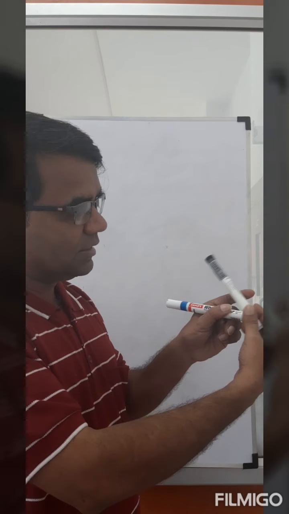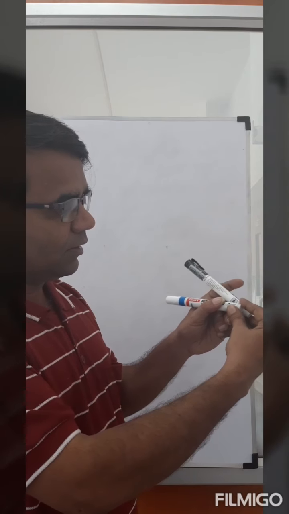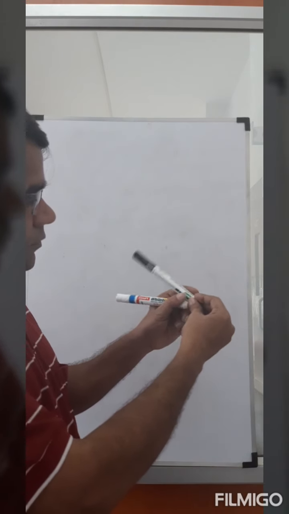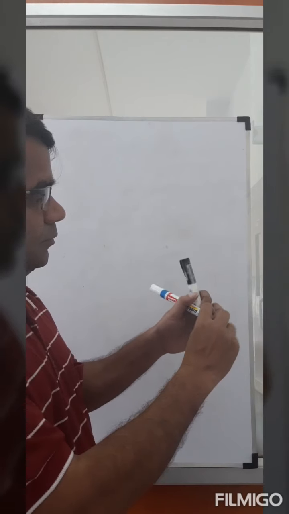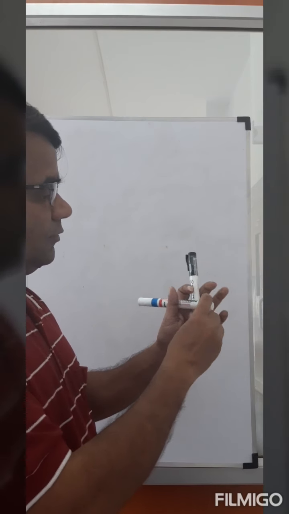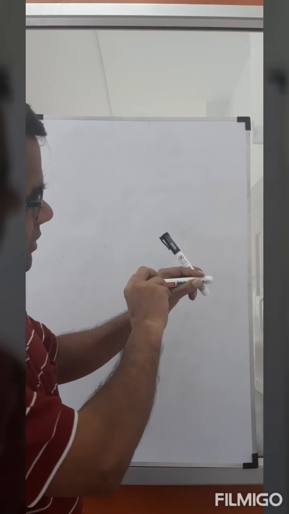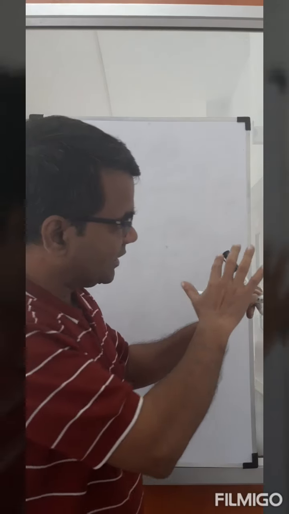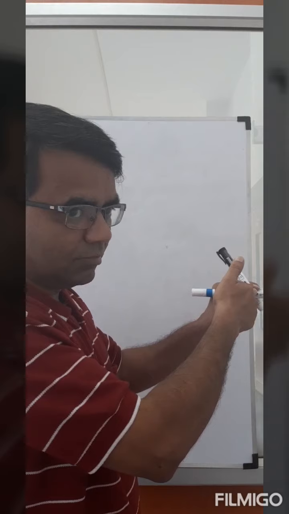I can resolve this v vector. Let's say this is the v vector and this is the B vector, and they have an angle between them which is not 90 degrees. Then I can resolve this vector. It will have a vertical component and also a horizontal component.